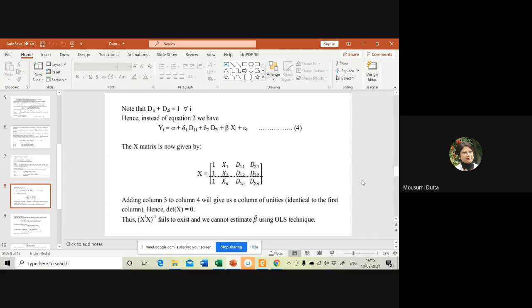Here, when you are considering the 0 category in equation number 2, the original intercept is giving you the intercept of one particular group. However, if originally in the equation you do not have any intercept, you have to define a number of dummy variables exactly equal to the number of categories.